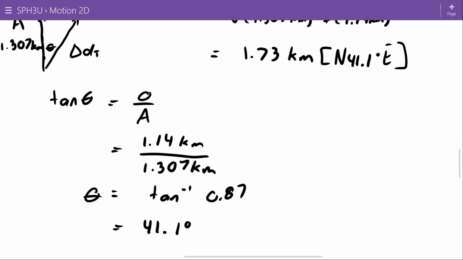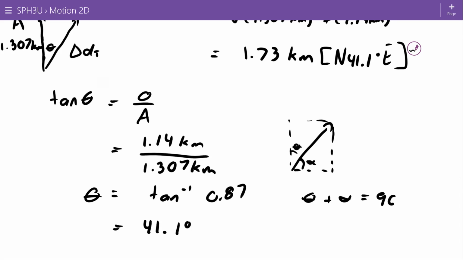If you had done this triangle the other way, so you'd gone east then north, you'd have this angle right here. If we look at this carefully, we can see the angle we got, theta, and this angle, alpha. Theta plus alpha would be equal to 90 degrees.